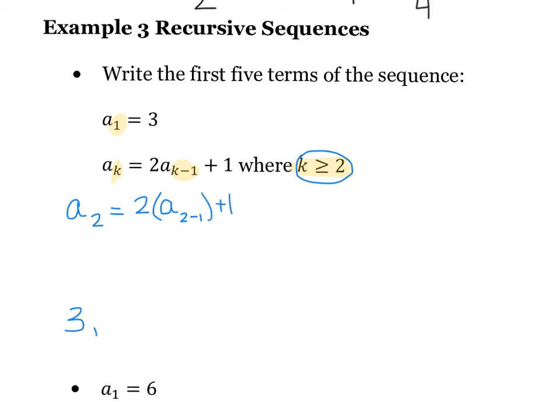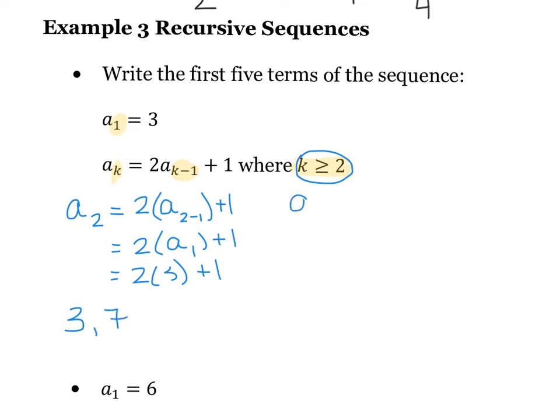Okay, what do I do with that? Well, that just really means 2 times a to the first plus 1. Well, I know what a to the first is. It's 3. They told me that. So that's 2 times 3 plus 1. Now 2 times 3 is 6. 6 plus 1 is 7. Cool. That's the second term.